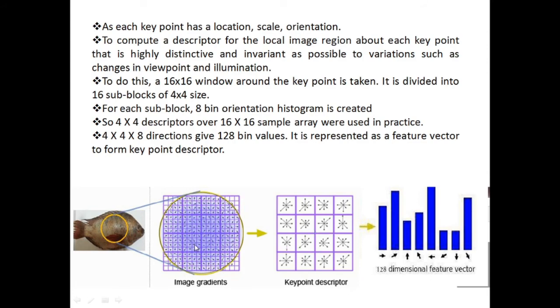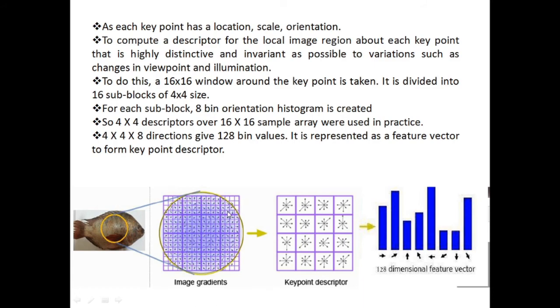That means this 16 cross 16 window is converted into a 4 cross 4 descriptor only, right? For a 16 cross 16 sample array, because it is an array, a collection of many pixels. So around this key point, the yellow curve is some region that is accommodating the 16 cross 16 window or cells.